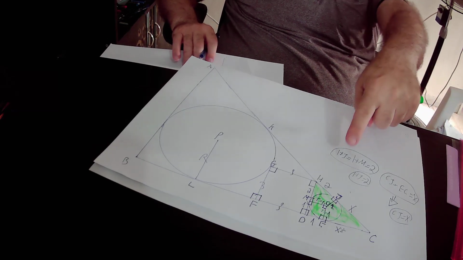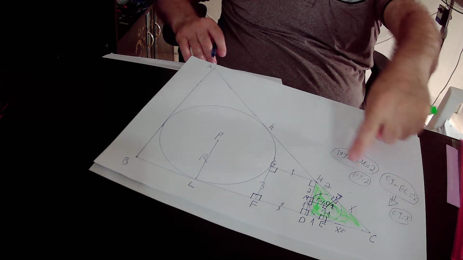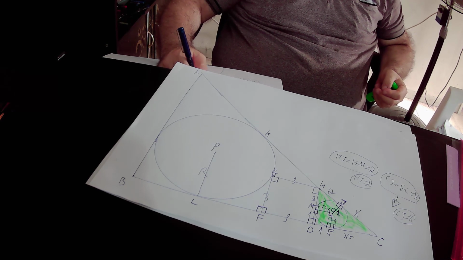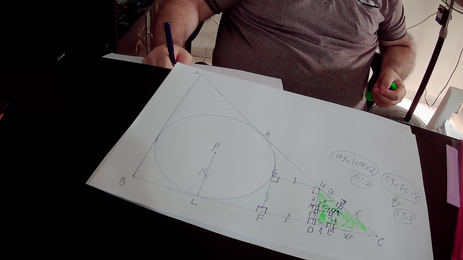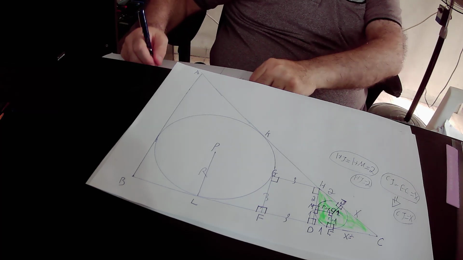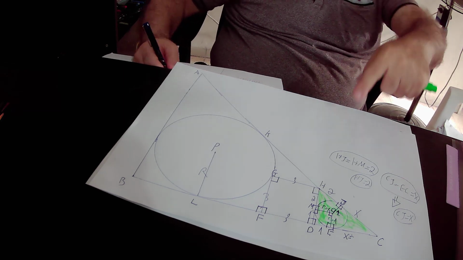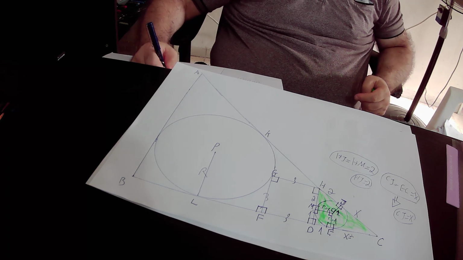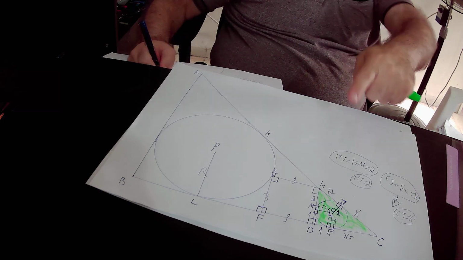The hypotenuse in the green triangle is HC, therefore the square of the hypotenuse is HC squared, and it must be equal to HD squared plus DC squared.